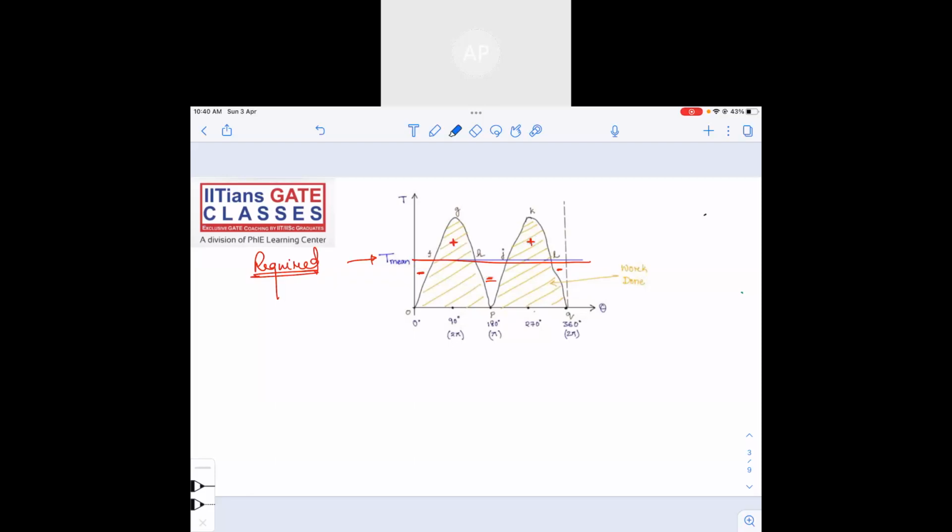In that case, we have attached a flywheel. So what will the flywheel do? The flywheel will absorb the excess energy.